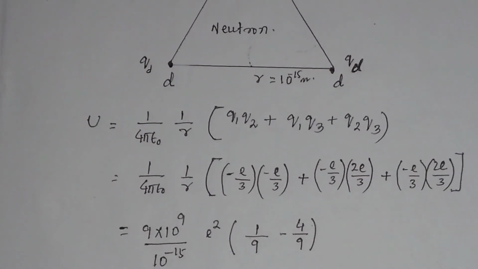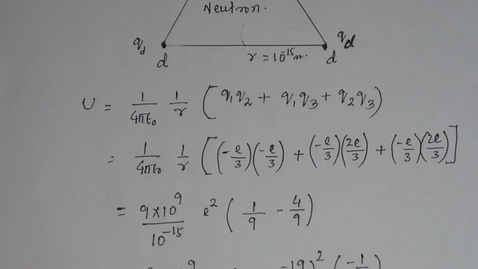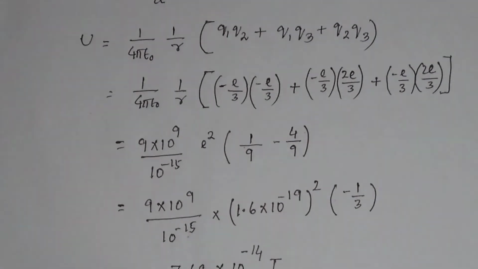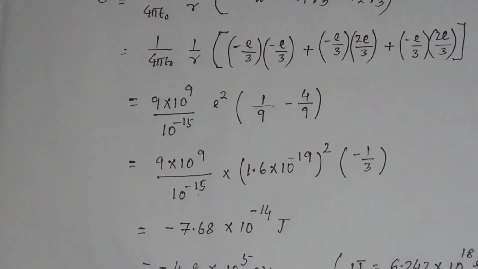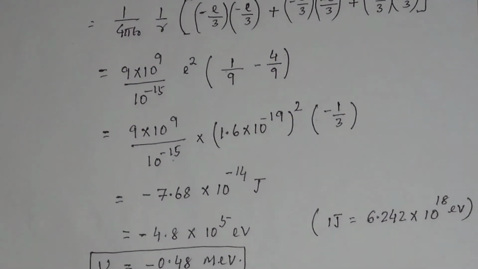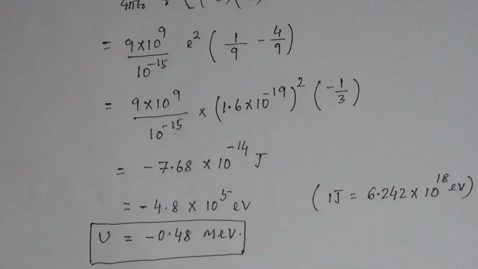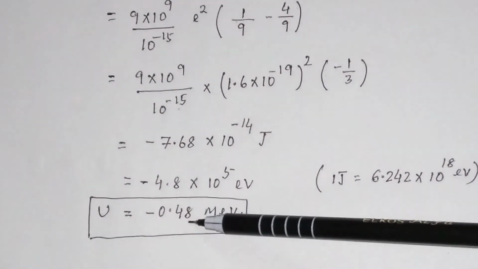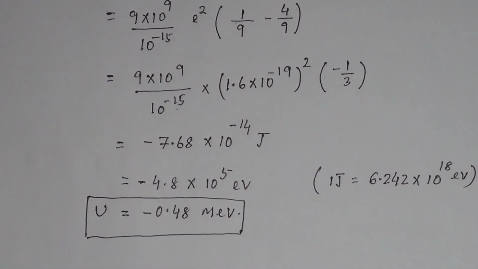If you substitute these values and calculate the potential energy, it will be minus 0.48 MeV.